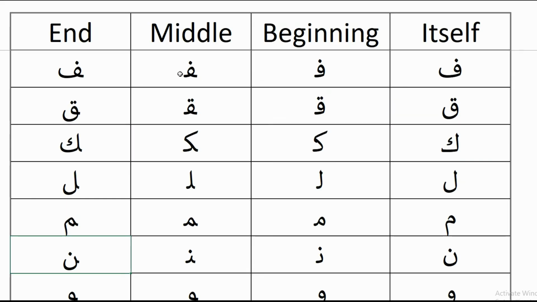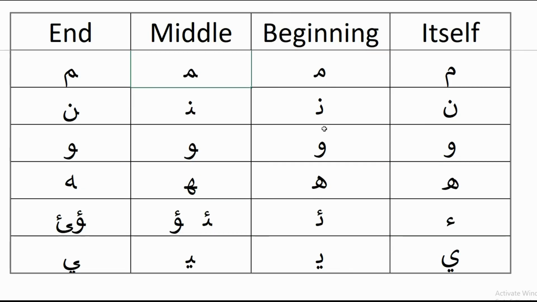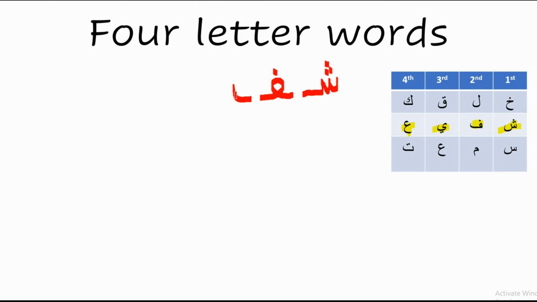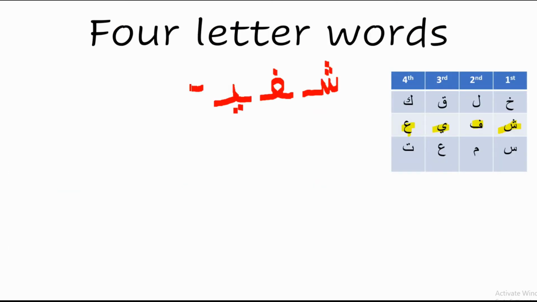This is how fa looks in the middle. Then we copy ya from the middle column as well. So this is how ya looks in the middle. Let's copy it. Now ain from the end column. This is how ain looks at the end. Let's copy it. Something like this.